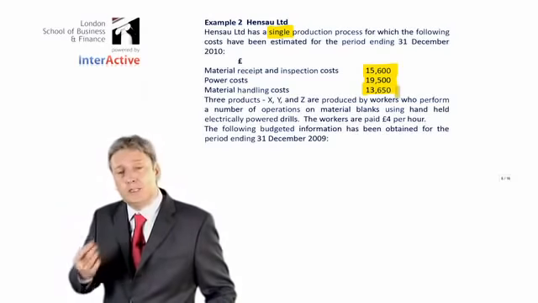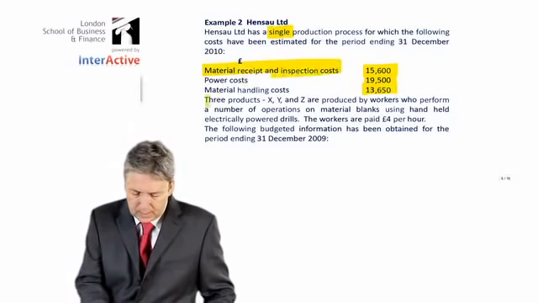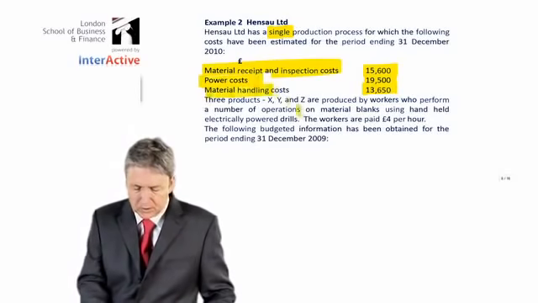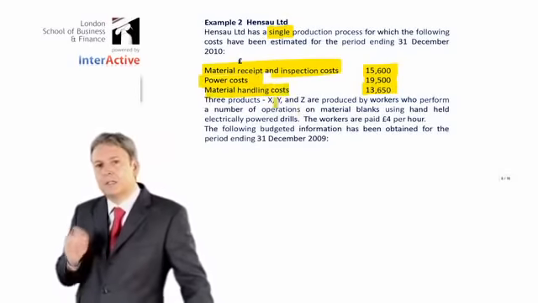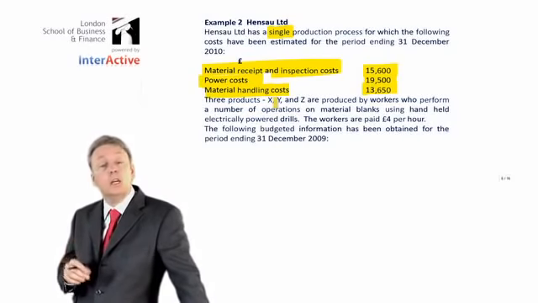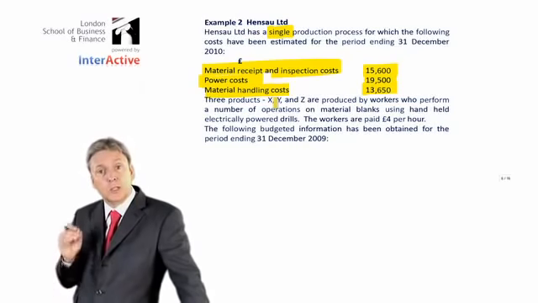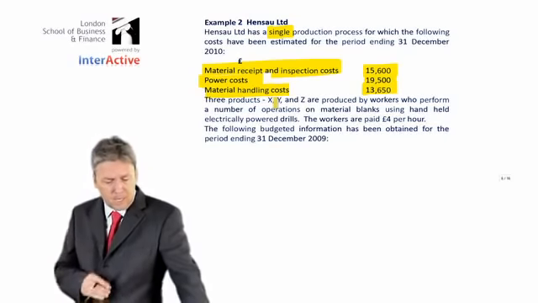When we look at ABC, presumably we're going to have 3 different ways of dealing with these costs because they'll all have different cost drivers. Whereas when we look at absorption costing, because they all relate to the same process, we would absorb them using the same labour hours. Okay?